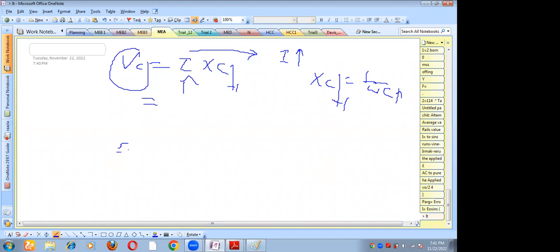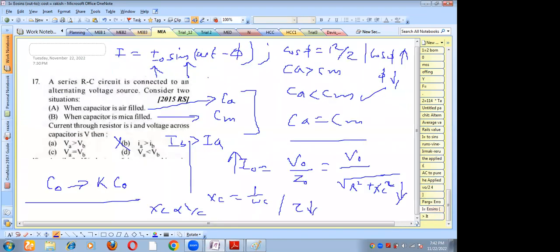We know that current is I naught sine omega t minus phi. Current is leading in the case of a capacitor, right? So phi is decreasing.